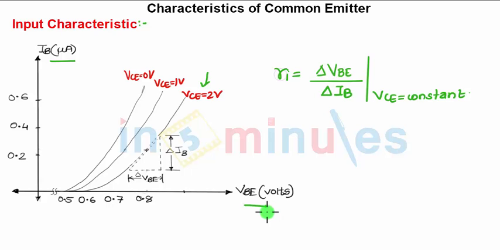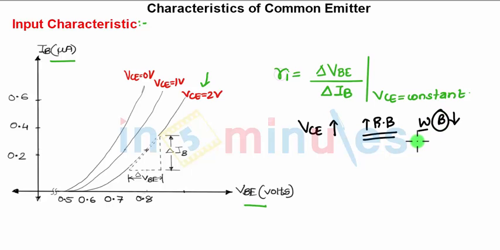input characteristics. Now as your VCE increases, what is VCE? Collector to emitter voltage. If it is increasing, that means you are increasing the reverse bias. If you are increasing the reverse bias between base and collector, what will it do? It will reduce the width of the base.